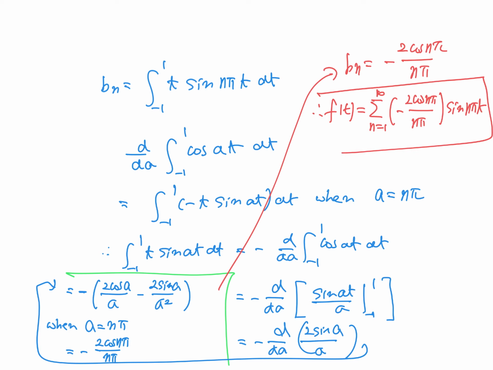That's your answer. Let me check with my note. Sometimes I might forget the extra factor, minus or plus, whatever. Yes, 2 cosine over n pi.